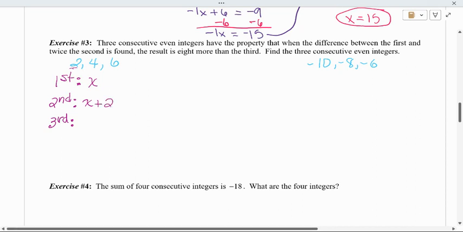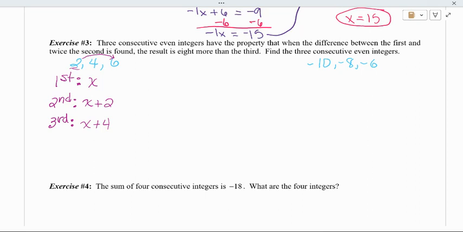What do I do to 2 to make it equal 6? X plus 4. Notice that when you have consecutive odd and consecutive even, you identify your variable expressions the exact same way, because the difference between the numbers, whether they're odd or even, is an increment of 2. Okay?